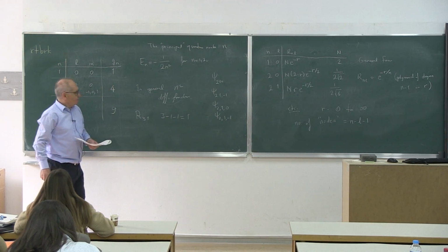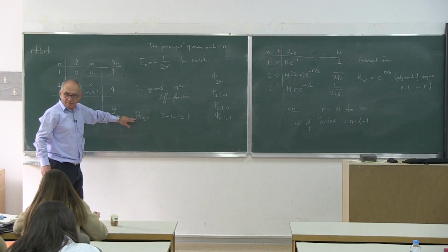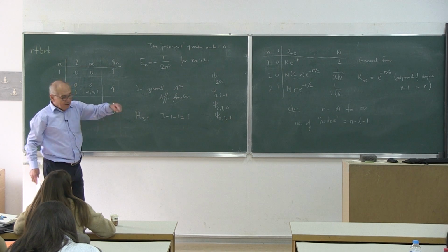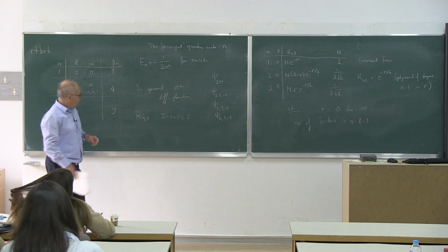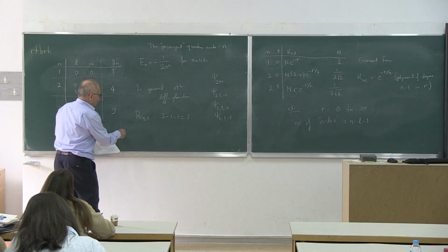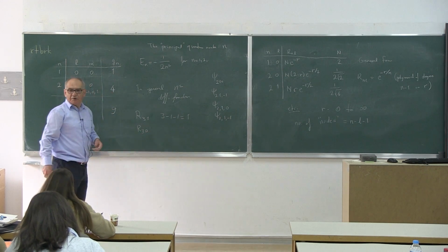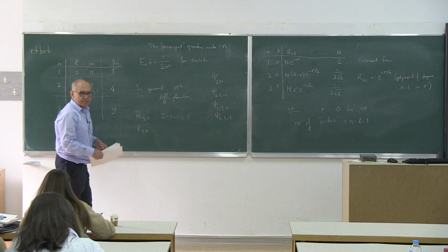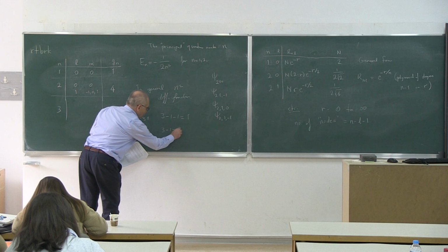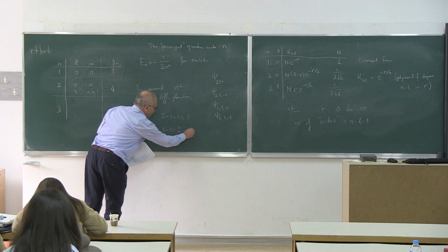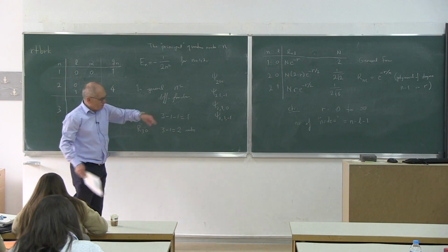It is one node, which means when you plot the graph of this function, R31, it will cross the r-axis just once. This function, R30, has how many nodes? It has 2 nodes, using that rule over there.